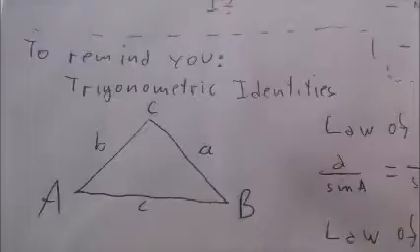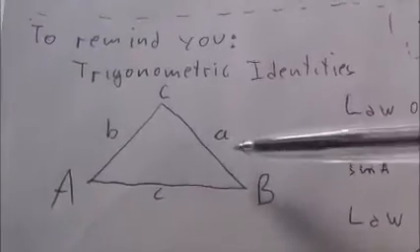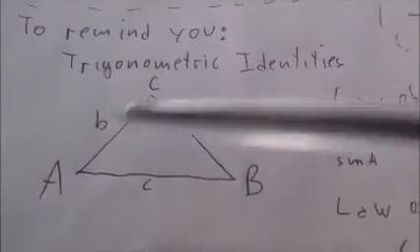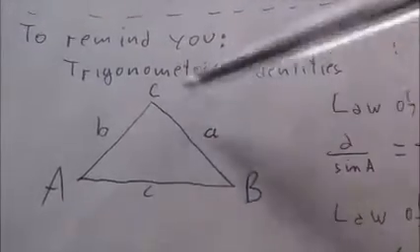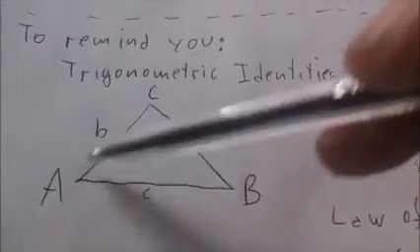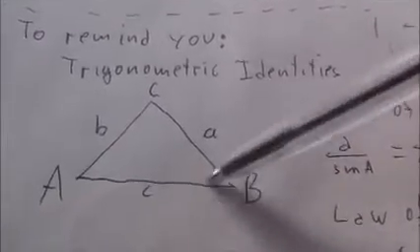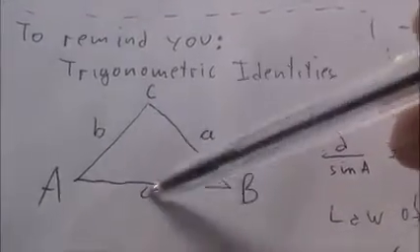Okay, let's have a look at what this standard non-right-angled triangle looks like. We've got A here, B there, and angle C there, so these represent all the angles, and the sides are opposite. So we've got angle A, angle B, side B, angle C, side C. Let's have a look at the law of sines.